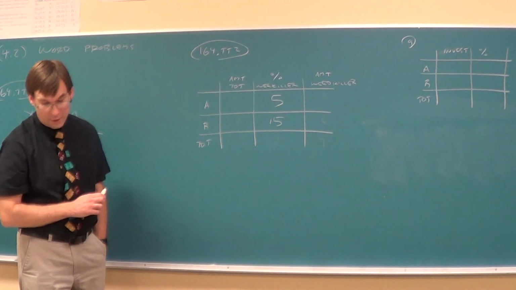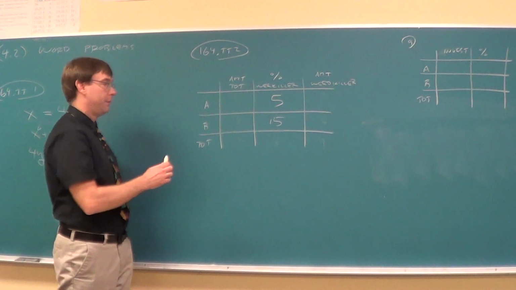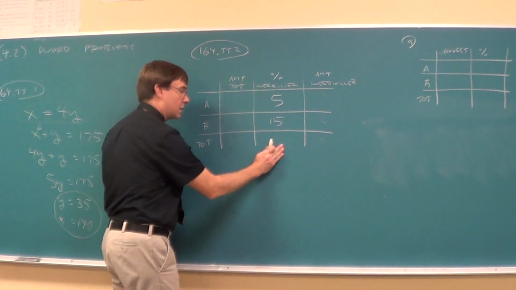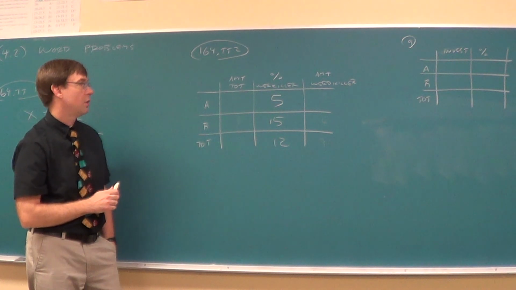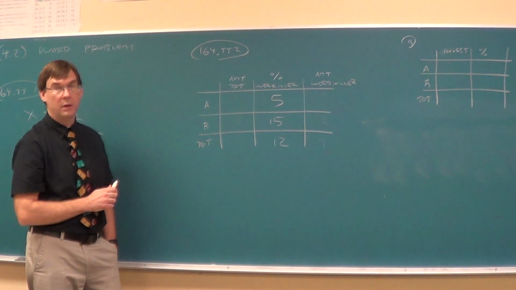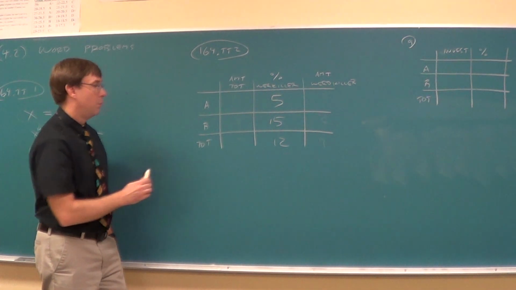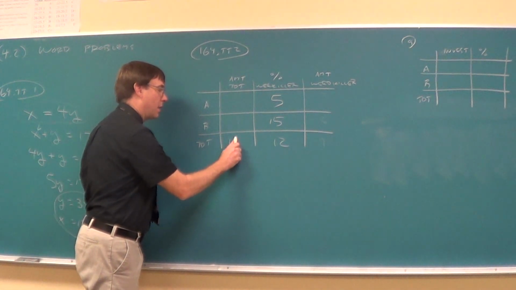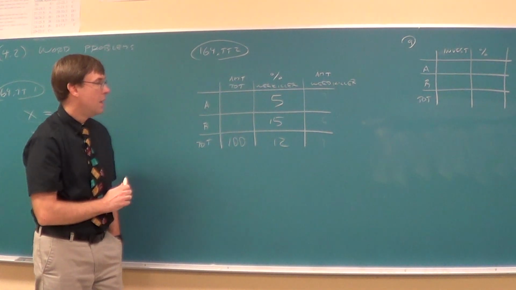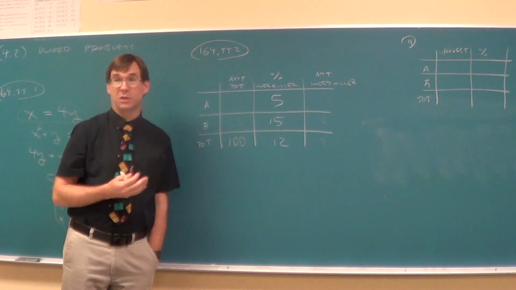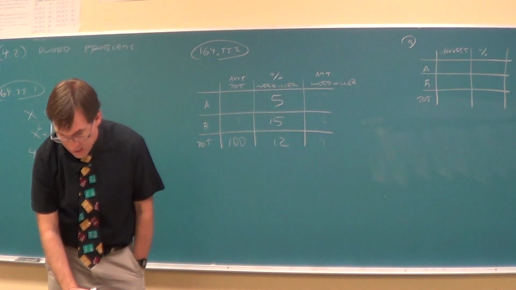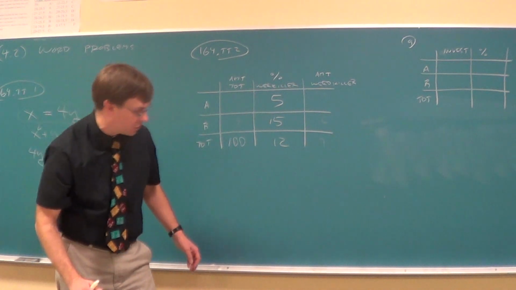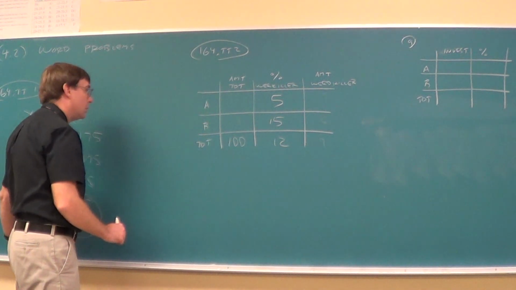Anybody thought on the 100 or the 12? 12 is going to go in box 8 because that is our other percentage. I agree, that's our total percentage of weed killer we're hoping for. Box 7 is where the 100 goes. So there's going to be 2 variables because we're in the 2 variable chapter. So there's got to be 2 mysteries. They ask how much of each solution they should use.